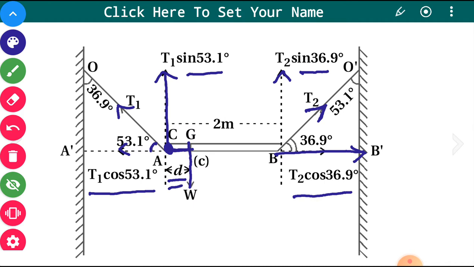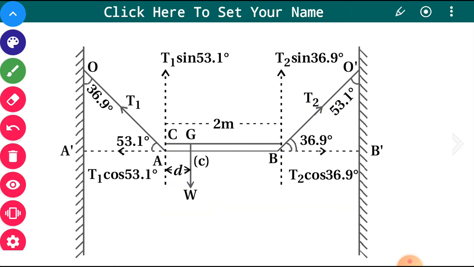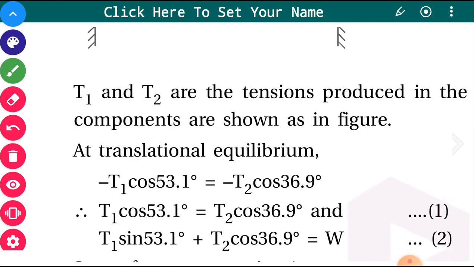Okay, the total length of this rod is 2 meters. So from this end, that is from B, the distance will be 2 minus d, because this distance is taken as d. Okay, now this is very clear from the figure. Now we can proceed further.